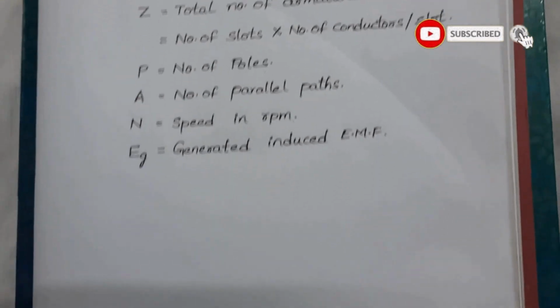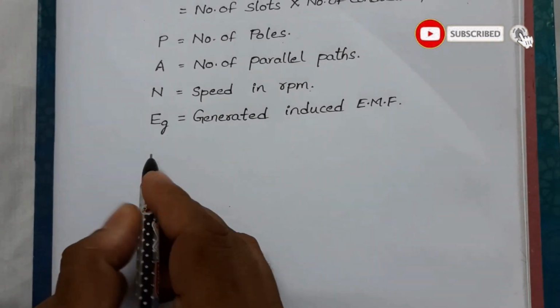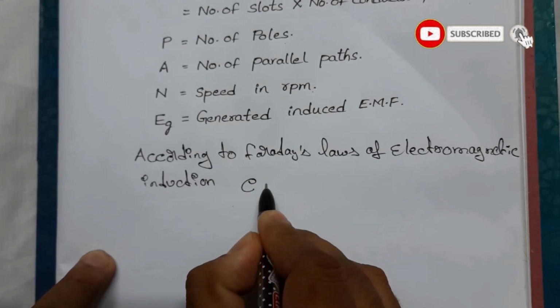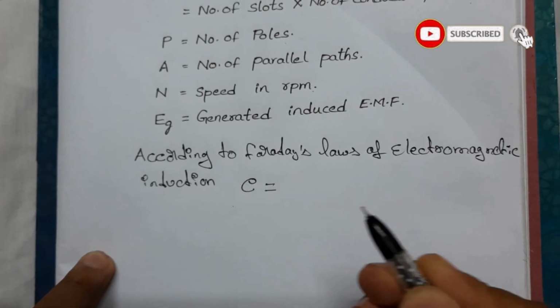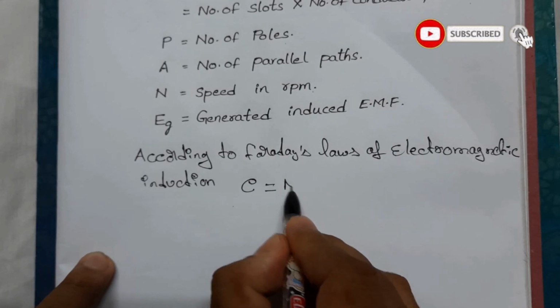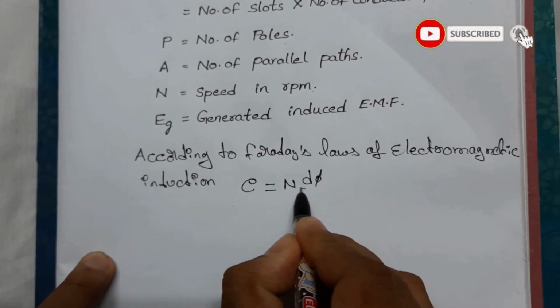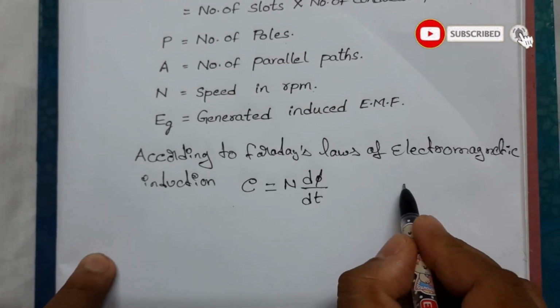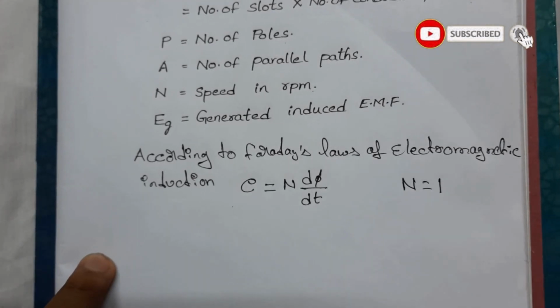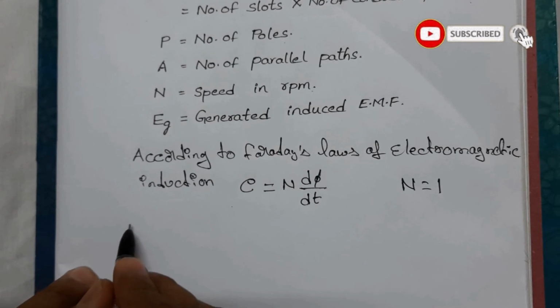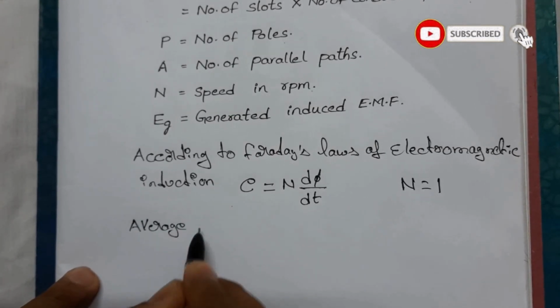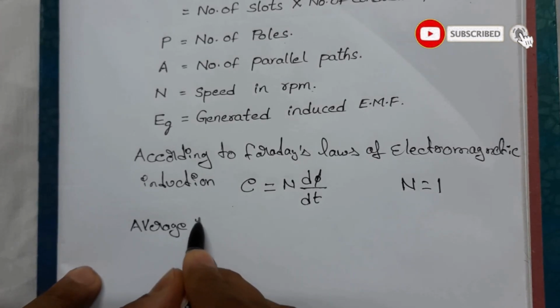According to Faraday's laws of electromagnetic induction, the magnitude of induced EMF is directly proportional to the rate of change of flux linkage, that is E equal to N dΦ by dt.